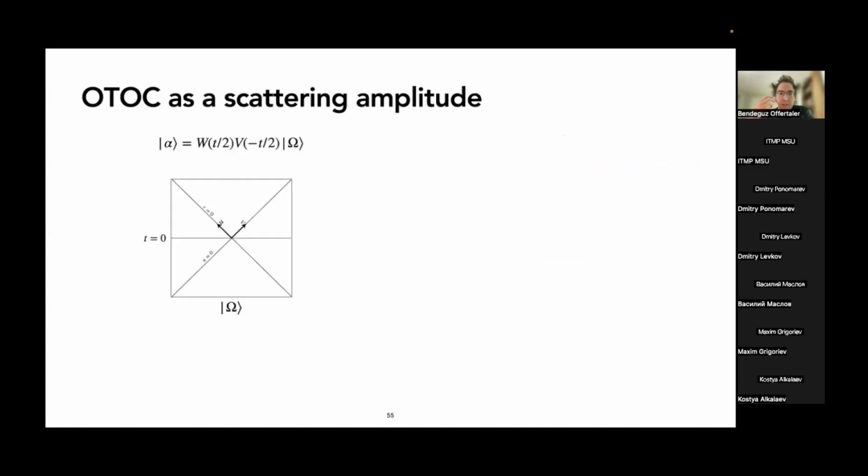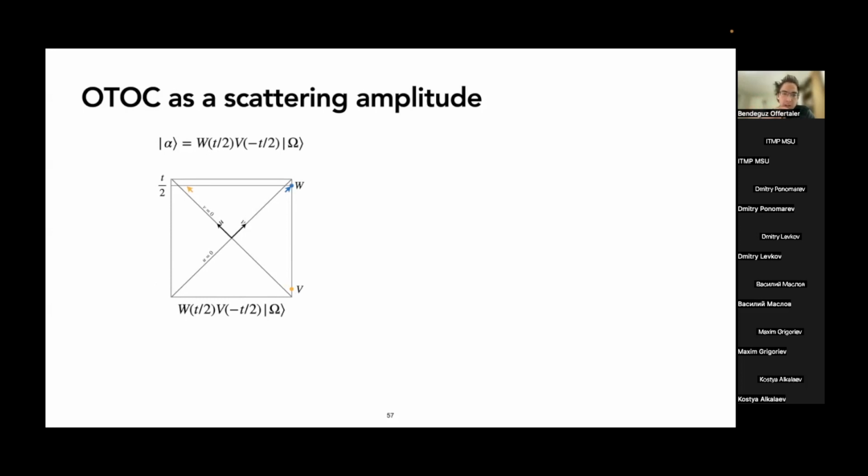So to see intuitively why alpha can be interpreted as an out state, let's follow Schenker and Stanford and construct this state step by step. This is supposed to be a Penrose diagram of the AdS2 worldsheet, which is just the Kruskal diagram with U and V compactified. So we start at t equals 0 with the vacuum state. Then we evolve back in time to minus t over 2 and act with the operator V, which produces some particle near the boundary that will move into the bulk of the AdS2 string.